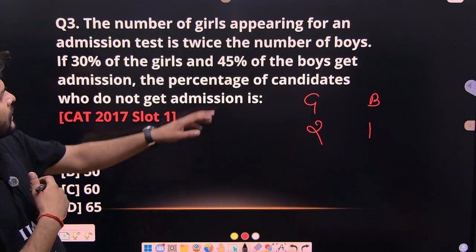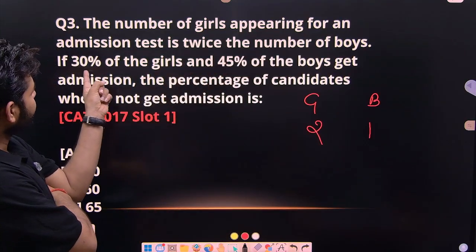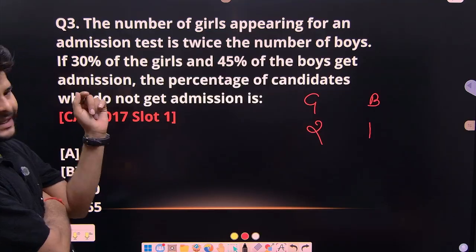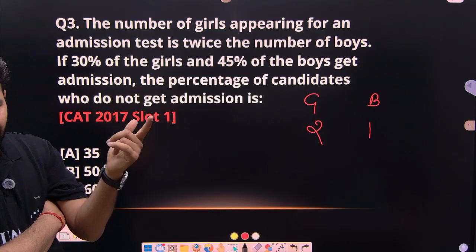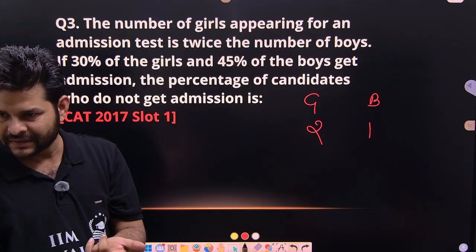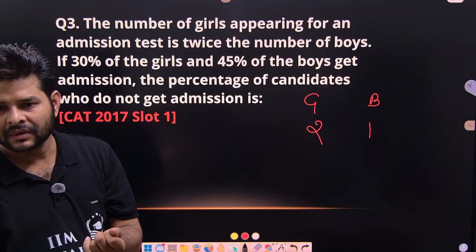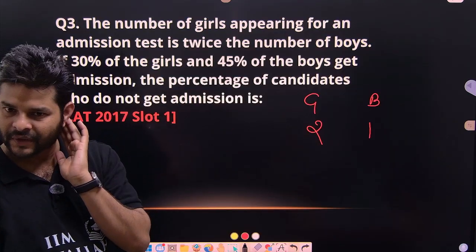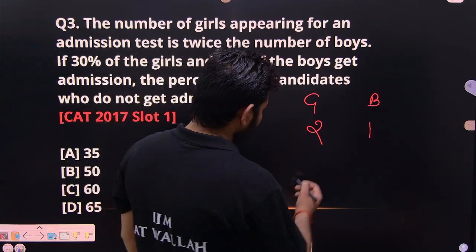Now, if 30% of the girls and 45% of the boys get the admission, you know well, to find 30% of 2 is not easy. So we will put 0. We have already learned that concept in yesterday's class. Got it? So we will put 0.